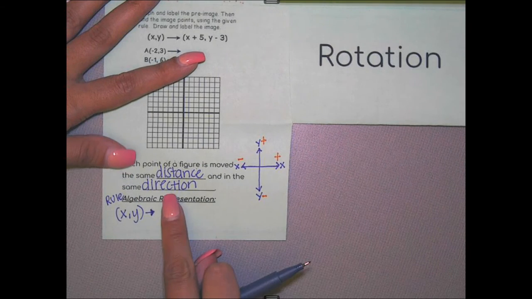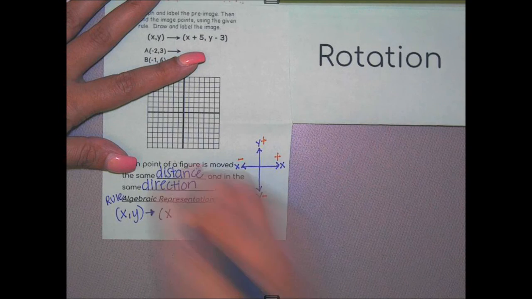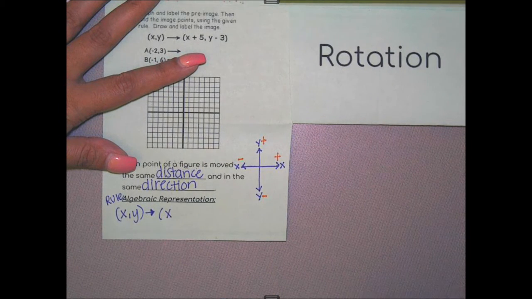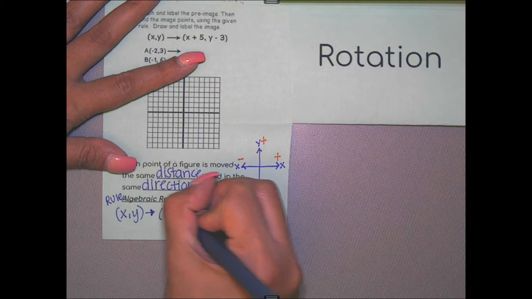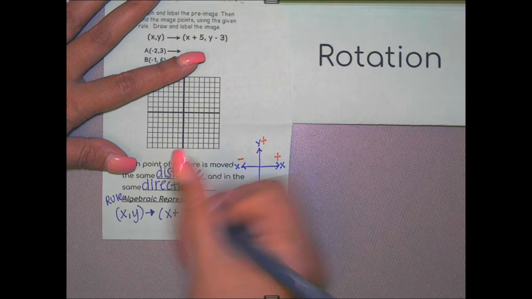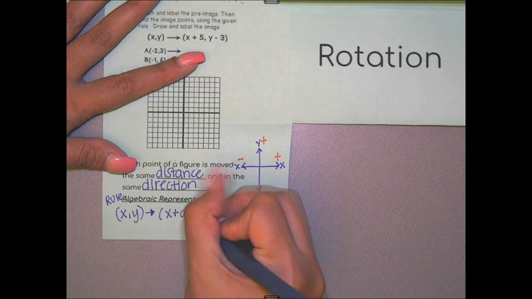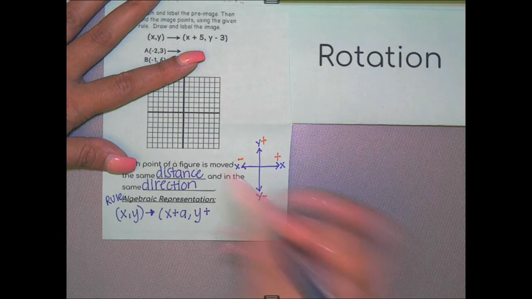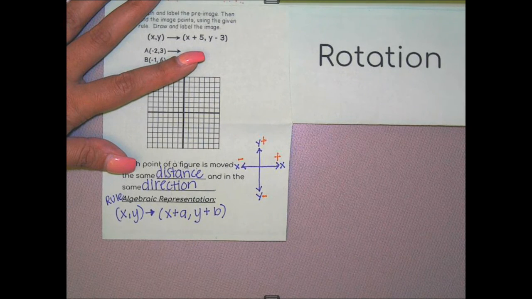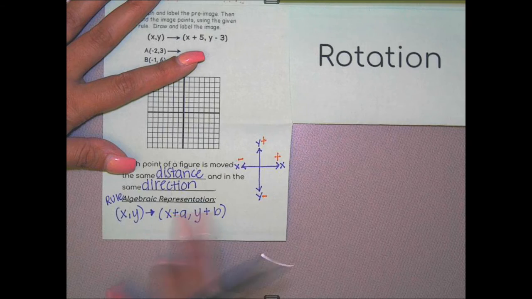But because we're moving directions here, we're going to have our x coordinate, and we're either going to add or subtract depending on if we go left or right. So we're just going to put a plus sign, and then we're going to use the letter A as a number. And then our y, we're going to put a plus sign, and then we're going to use the letter B. And these are telling us whether we're going up or down. So we could have negative signs instead of the plus sign there.